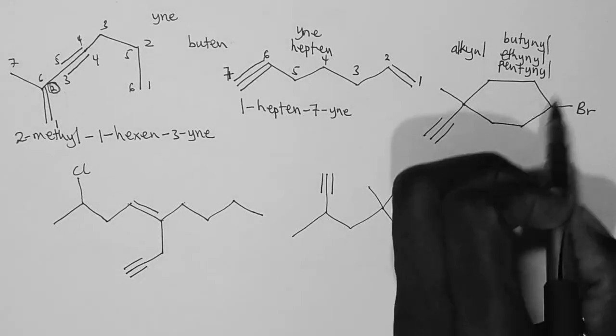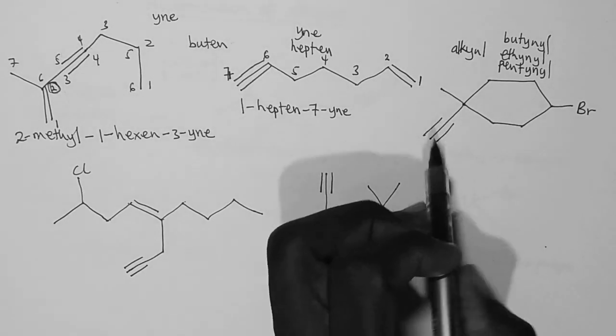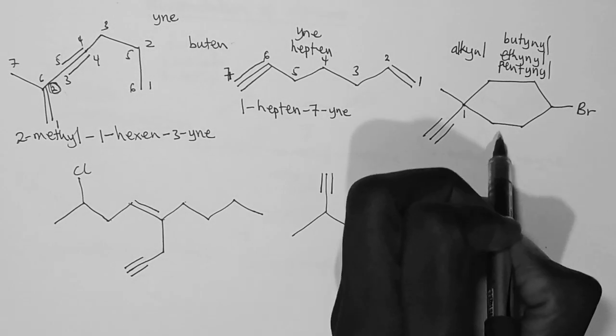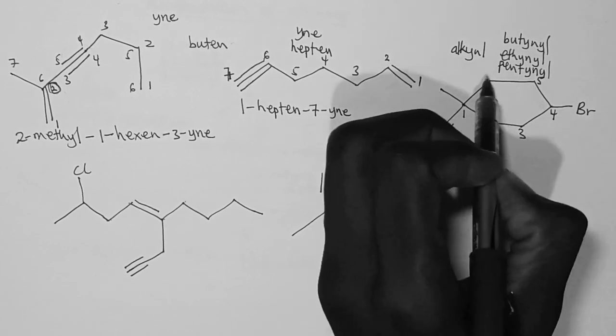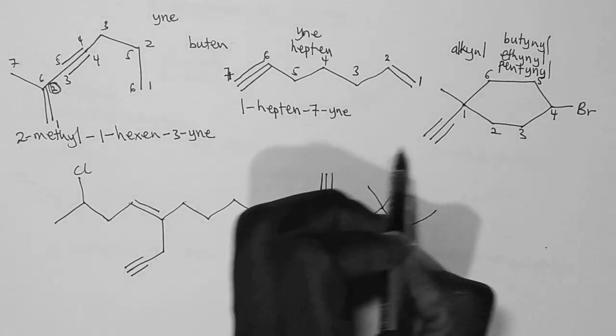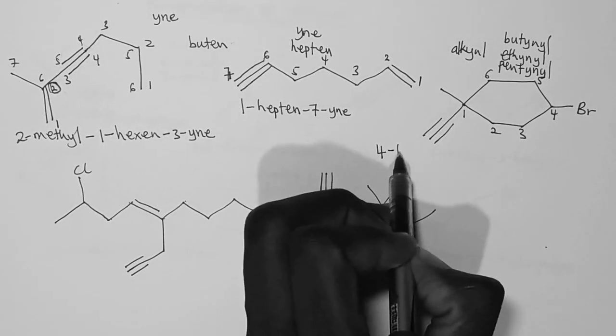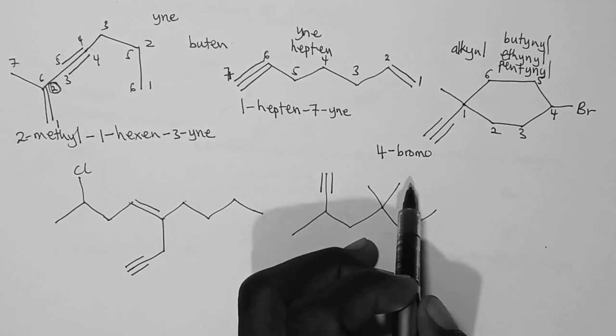Now we also have a bromine as a substituent. So let's try and then number the carbon. So carbon number 1, number 2, number 3, number 4, 5, and 6. So we are talking about cyclohexane. So 4-bromo, and then we have methyl on carbon number 1.